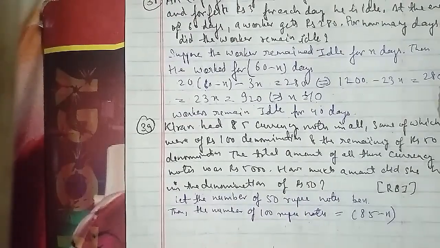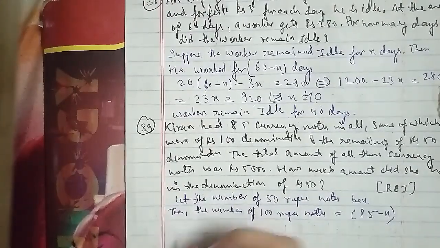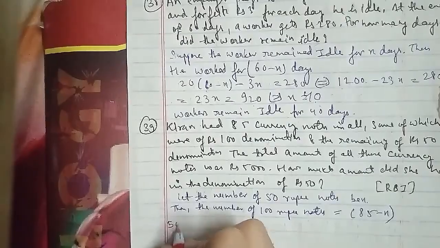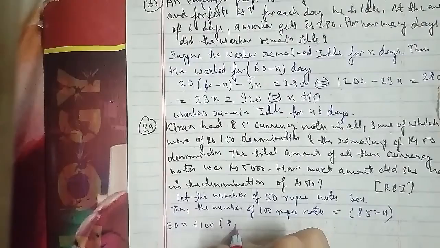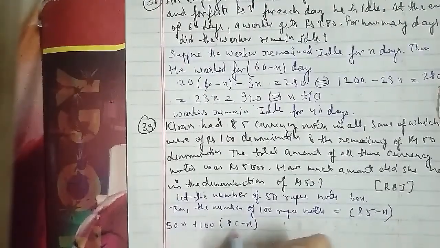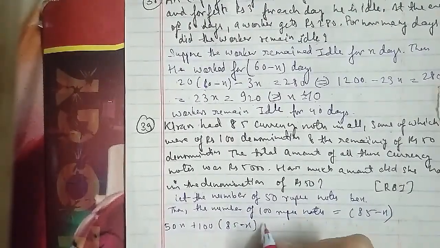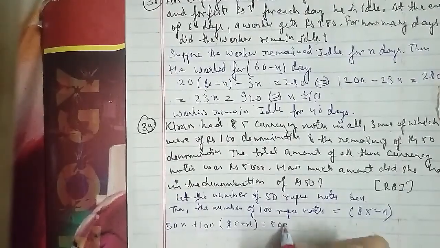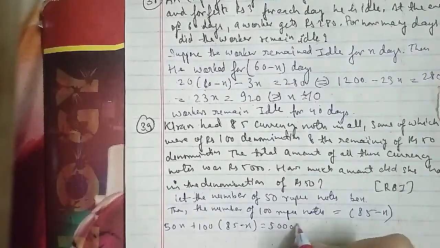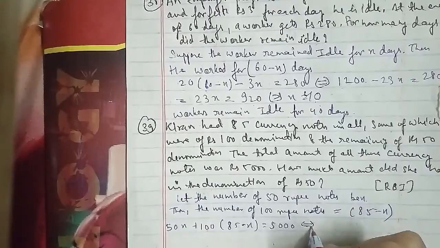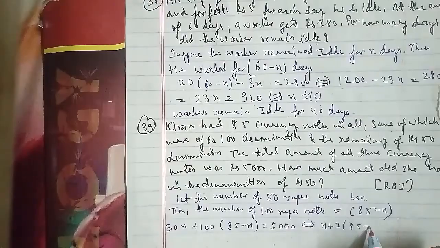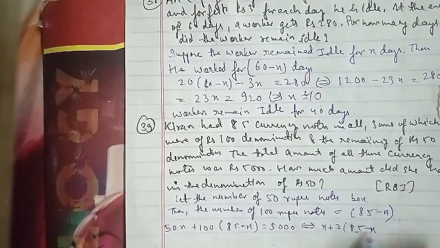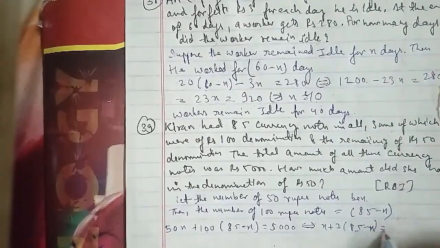Here we have 50X plus 100 times (85 minus X), which equals 5,000. That is X plus 2 times (85 minus X) equals 100. That gives x equals 70.